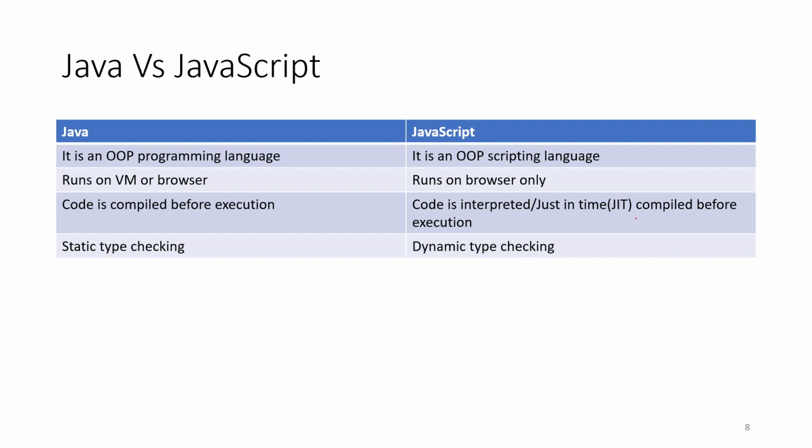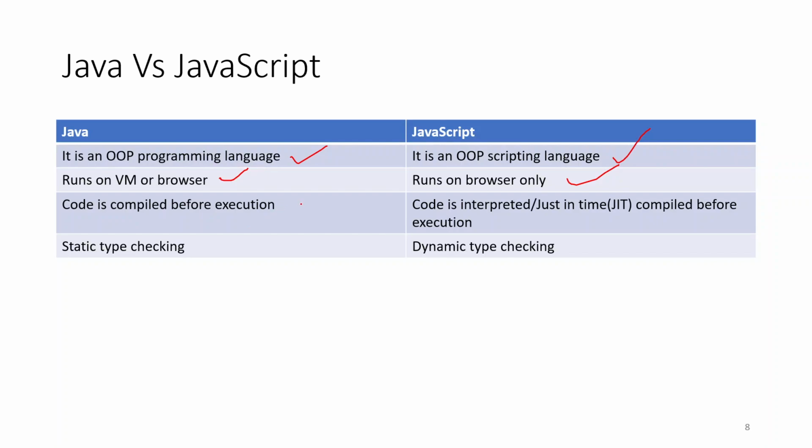Difference between Java and JavaScript. Java is an object oriented programming language, but JavaScript is an object oriented scripting language. Java runs on a virtual machine or browser, but JavaScript runs only on the browser.